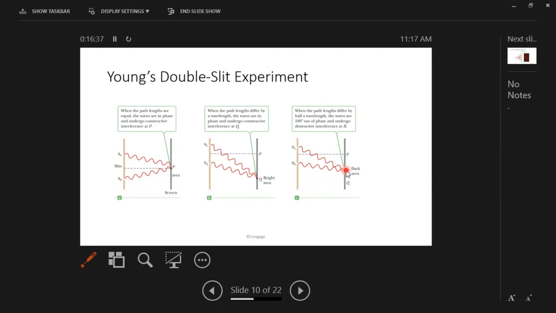And that means at that point, they are going to interfere destructively. And that means that you are not going to see any light at that point, because the two light waves cancel each other out and the interference is destructive. So you are going to see a dark fringe at that point.